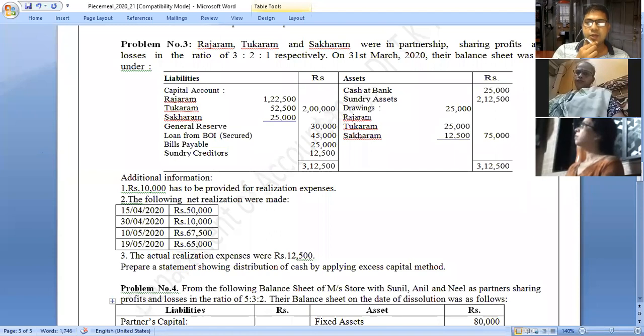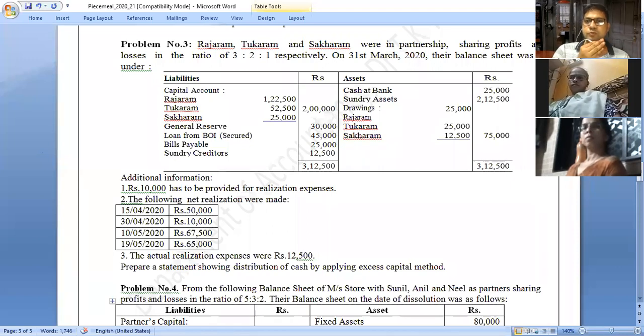But right now, what you have to do is solve this particular part. And for the next part, just the order of payment and the statement of piecemeal distribution of cash, you have to calculate and study properly.